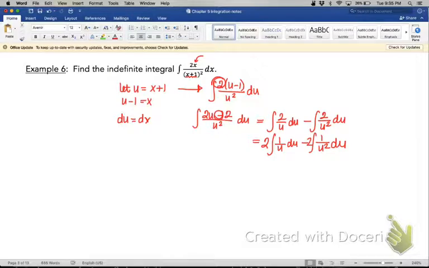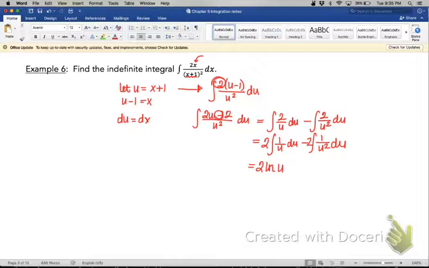So we know that the integral of 1 over u du is going to be just the natural log of u. So this will be 2 natural log of u plus c. Again, we only need one of those, so we can go ahead and wait.